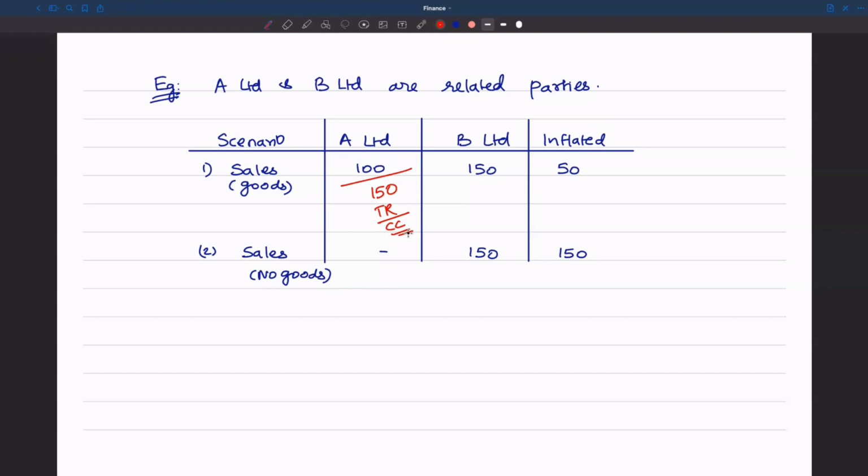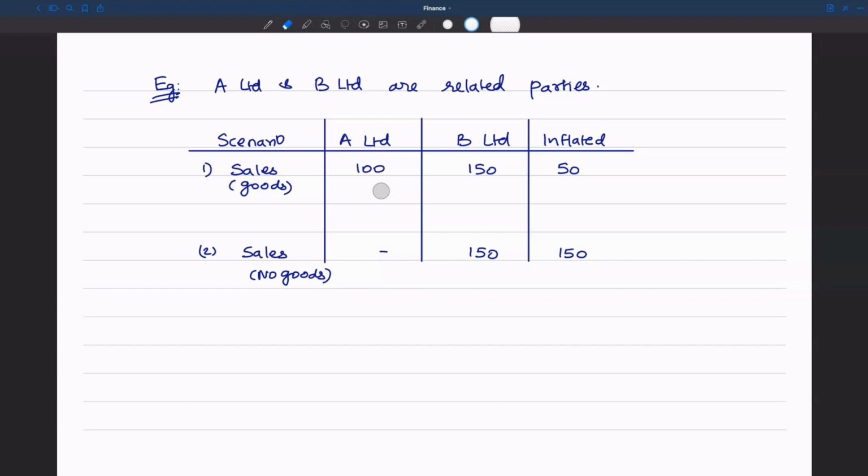And this is one reason why bankers are concerned, because there is all possibility that when a transaction happens between related parties, some kind of manipulation will happen. And since bankers are not in a position to identify what that exact manipulation is, they'll say, no, we are not going to fund against related party receivables. Okay, that could be one reason.